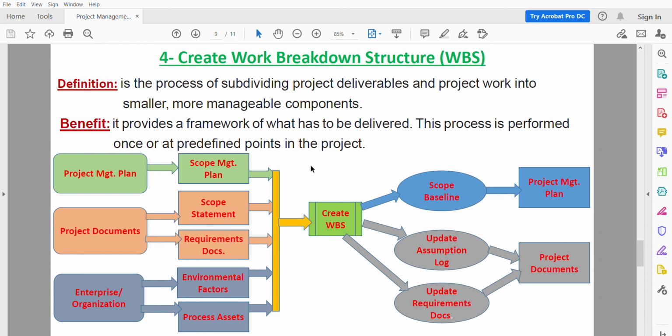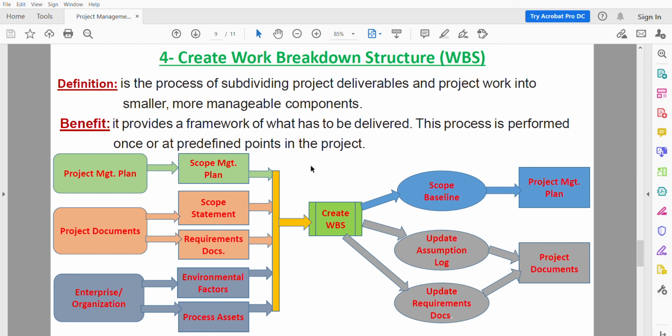As we said, the outputs of the Create WBS process include the scope baseline. The baseline means the approved version of a scope statement, WBS, and its associated WBS dictionary, which can be changed only through a formal change control procedure and is used as a basis for comparison.